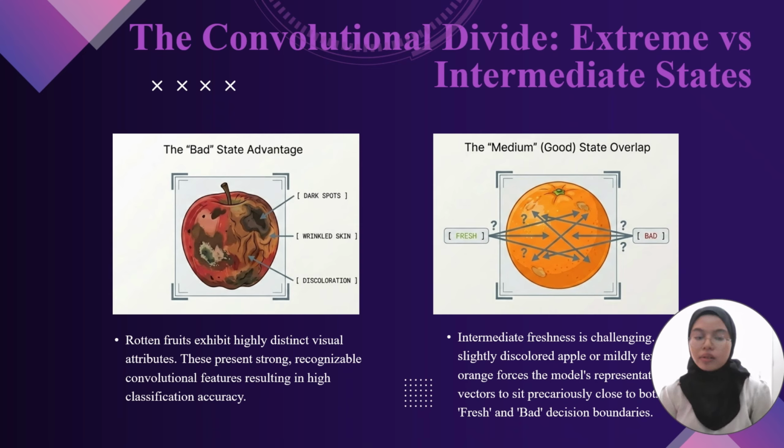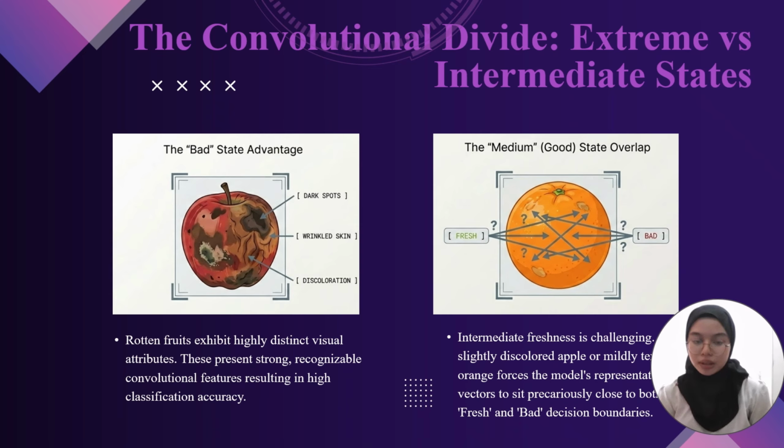state. So now let's look at the technical reason behind this performance difference across the fruit states, which we call the convolutional divide. Okay, the model that we call the bad state advantage is a fully rotten fruit exhibiting highly distinct visual attributes such as dark spots, heavily wrinkled skin, severe bruising and clear discoloration.